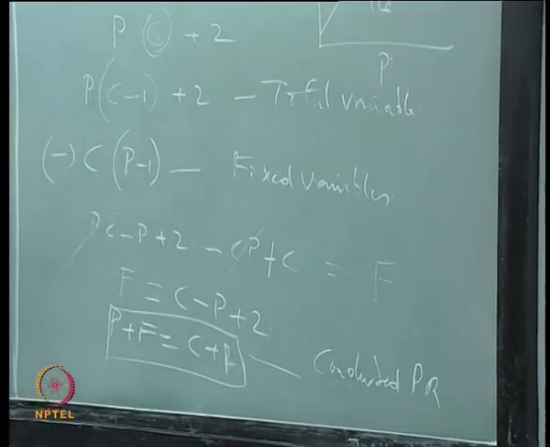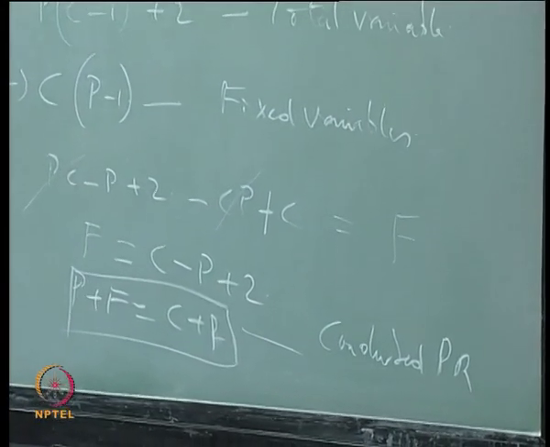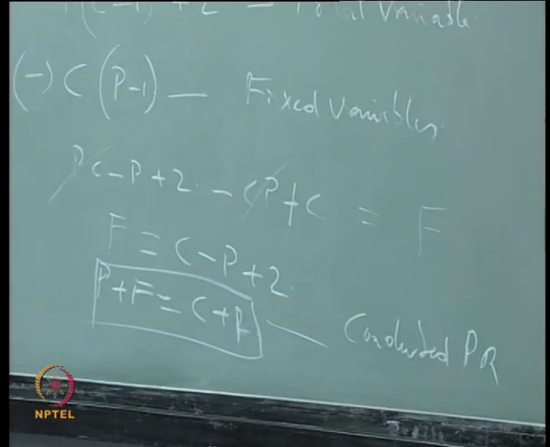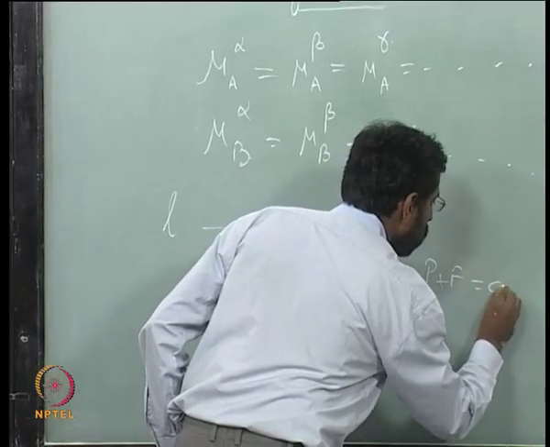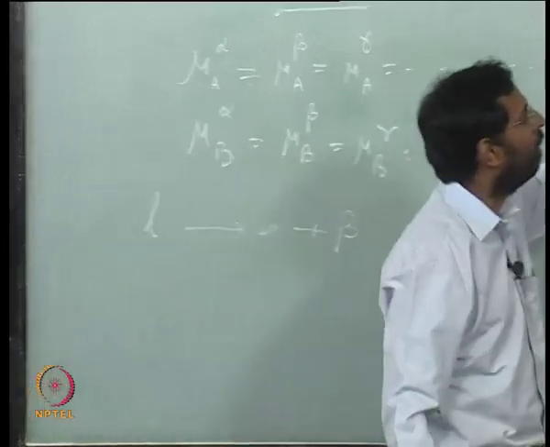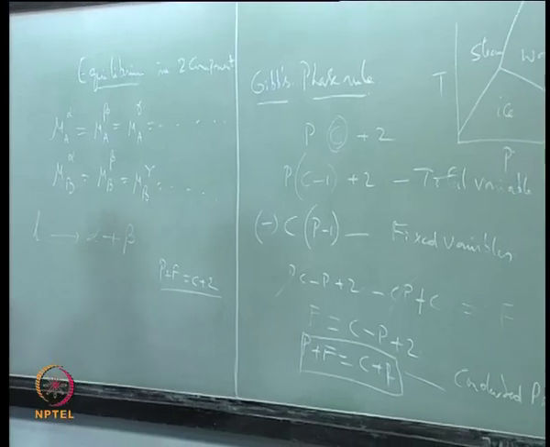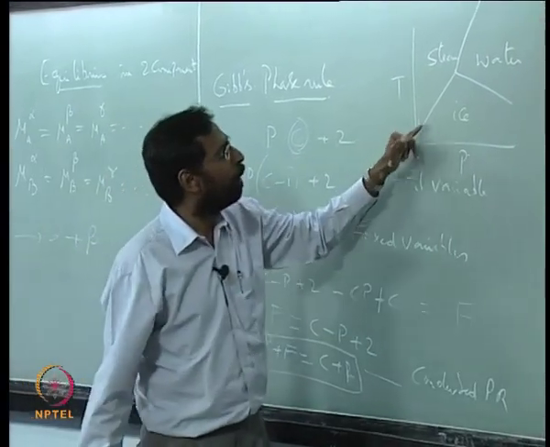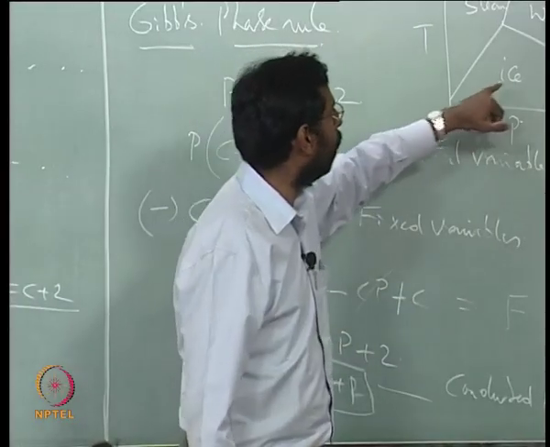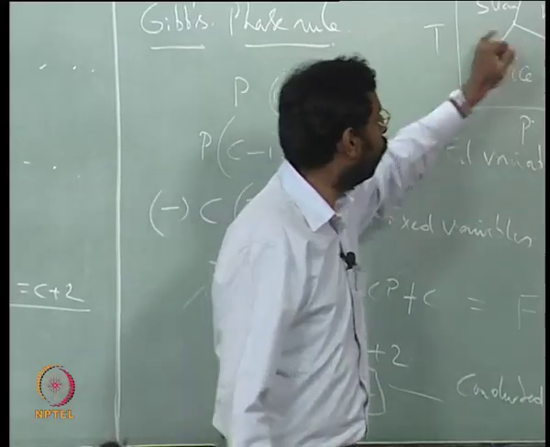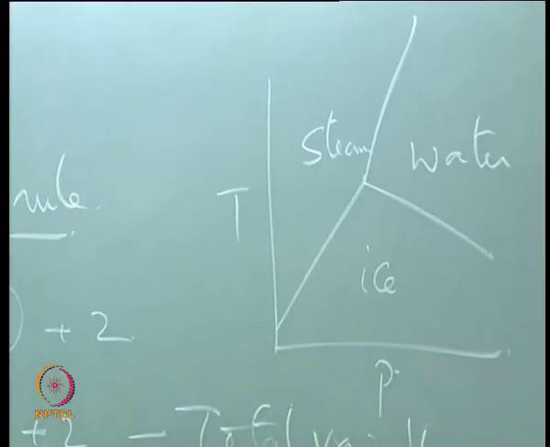And if I look at this phase rule, P plus F equal to C plus 2, and then look at this phase diagram, it becomes clear why the melting point, for example of ice to water, should change as a function of pressure.